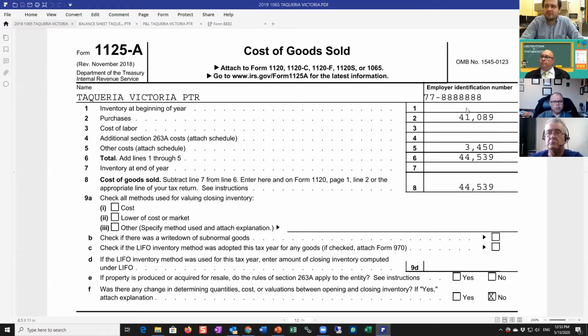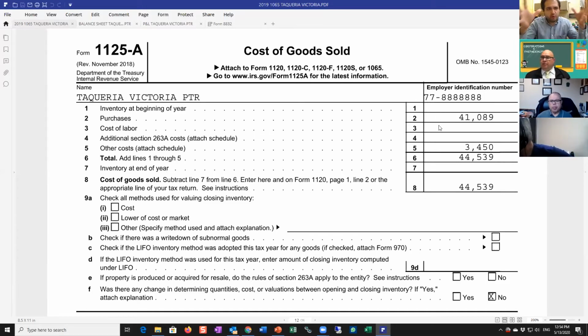Ricardo, what kind of cost of goods sold would a taqueria have? Is it like the tortillas? Is it the canned beans? What are we looking at for cost of goods sold for a taqueria? It's cash. Taquerias are usually cash. The purchases equal everything you purchase. That will be your frijoles, tortillas, your chicken, your meat, your ribs, your sodas, all of that is purchases.